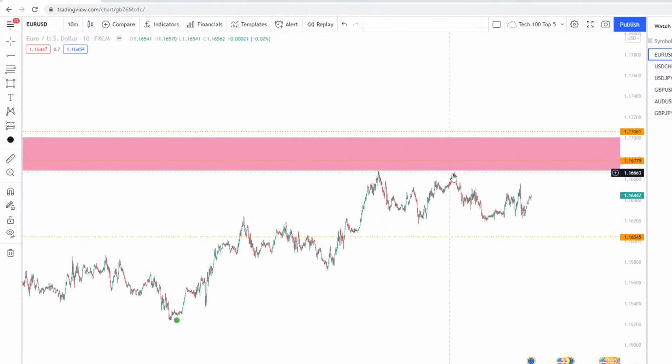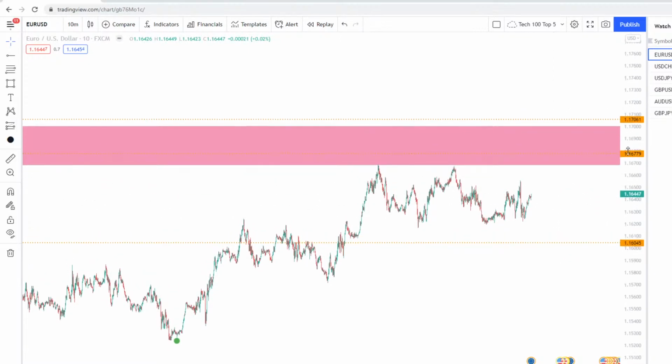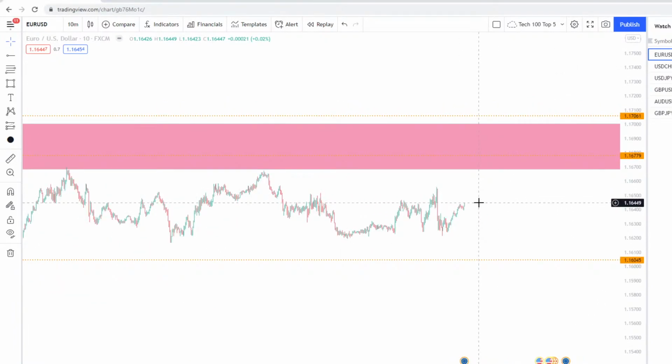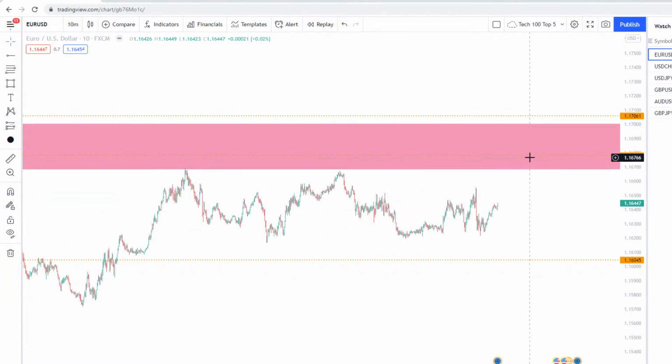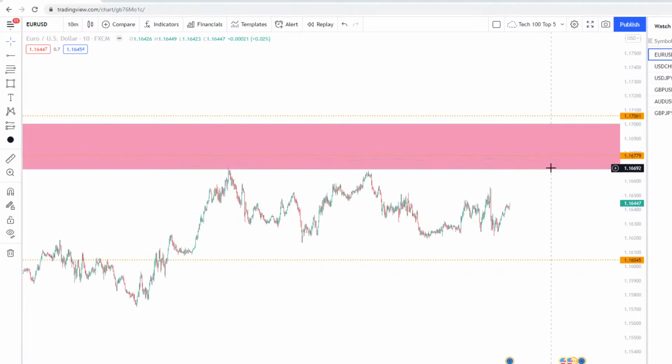Okay, never mind. So we're looking for one more push into this area here, and that is where we expect our UTAD to form in a distribution schematic. Price can trickle all the way up, come into this area, and then we'll look for a distribution and wait for price to continue short.